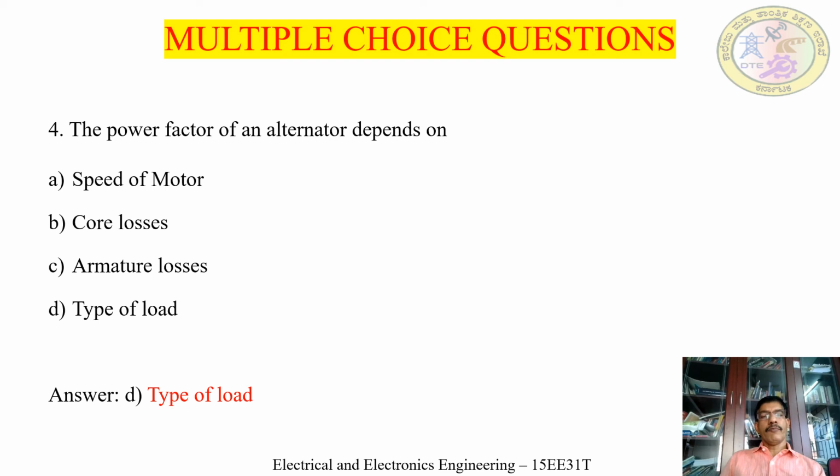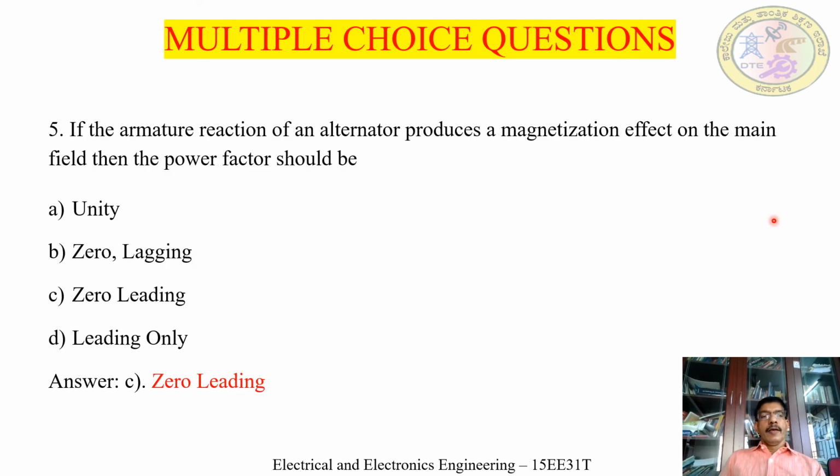Next, the power factor of an alternator depends on speed of motor, core losses, armature losses, or type of load. Power factor of an alternator depends on the type of the load. If the armature reaction of an alternator produces a magnetization effect on the main field, then power factor should be: unity, zero lagging, zero leading, or leading only.